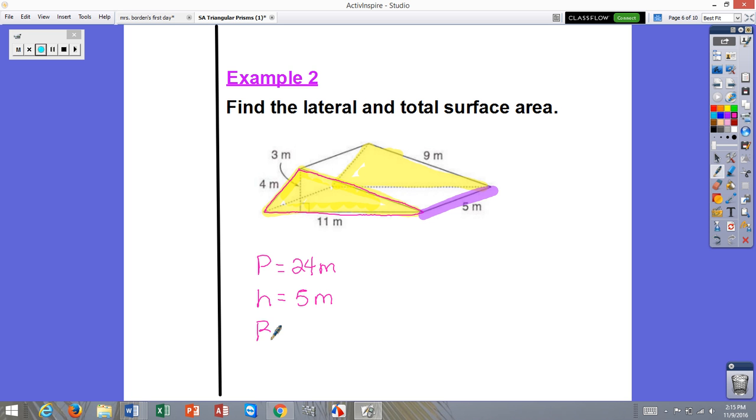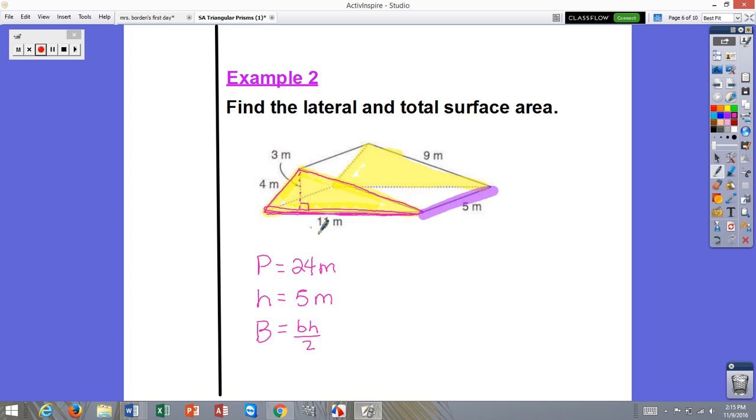Okay, now big B is the area of the base. For this particular base, we know the area formula is base times height divided by 2. Base and height on a triangle have to create a 90-degree angle. So we're looking for that 3 meters that is running down the middle to the 11 meters that is running on the bottom here.